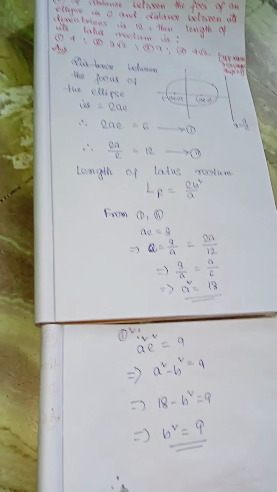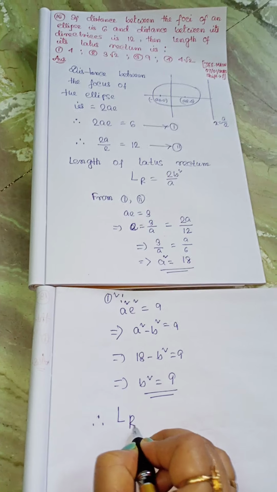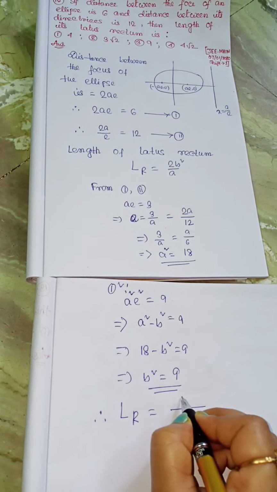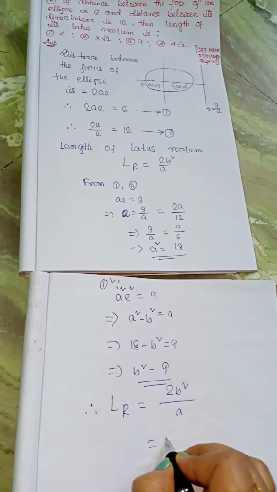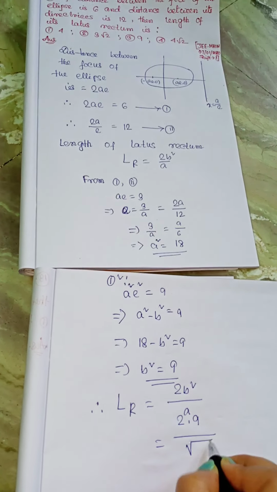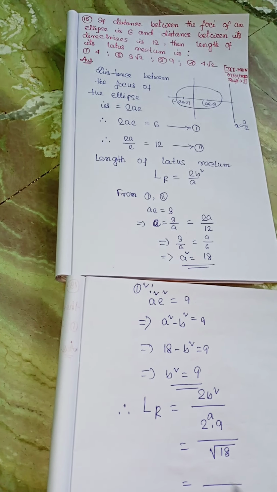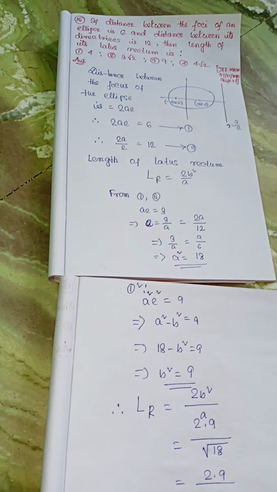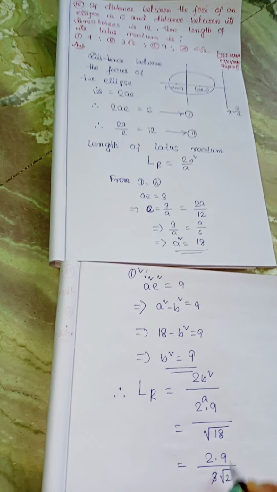So our latus rectum LR is equal to 2B square divided by A. Therefore 2 into 9 divided by A, which is root of 18, that is 2 into 9 divided by 3 root 2.